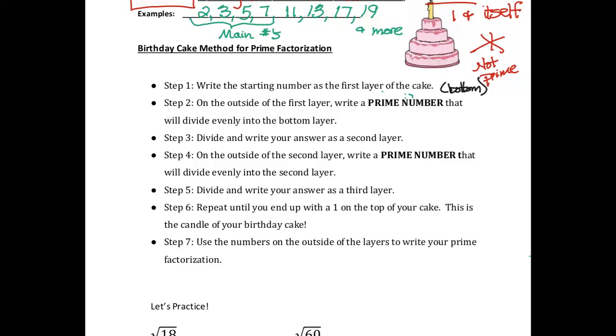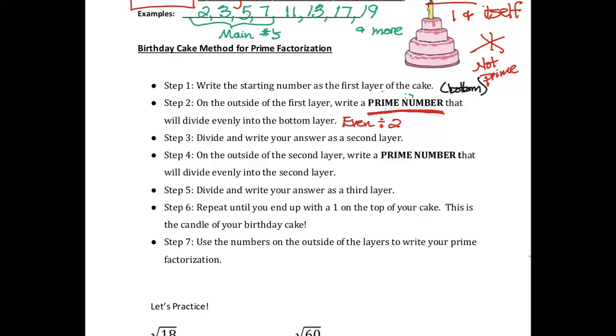Step 2, on the outside of the first layer, write a prime number that evenly divides into that bottom layer. Okay? And I'm going to give you some hints here. If your number is even, I want you to divide by the number 2. I want you to write that down.